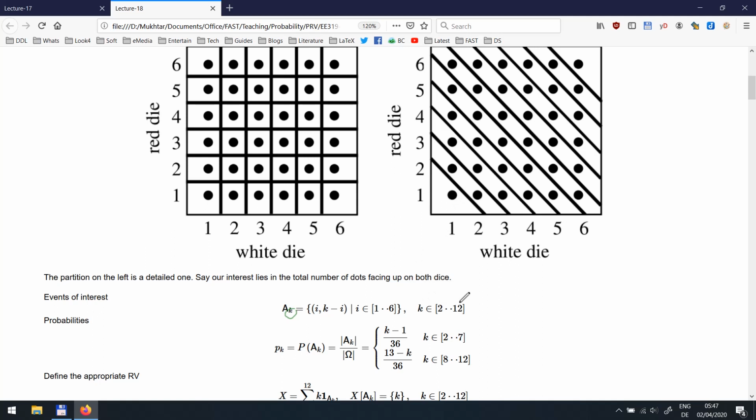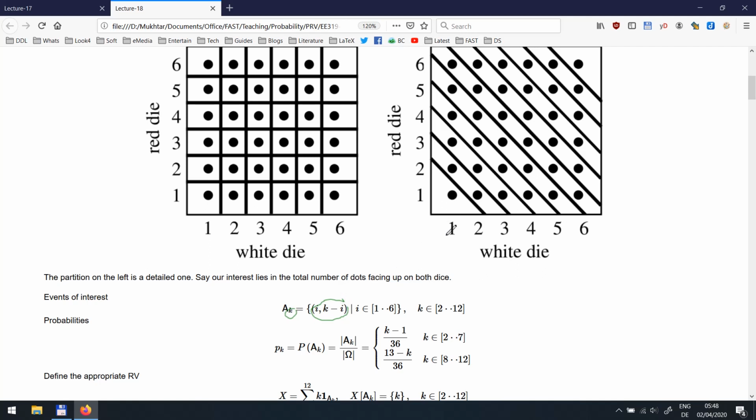So it has to start with 2 and cannot exceed 12 either. So 2 up to 12. So A_2, A_3, and so on, A_12. So A_K will have pairs of this form. If you look at this, K doesn't change because K is there. So I and K minus I, I think you have also seen this in convolution.